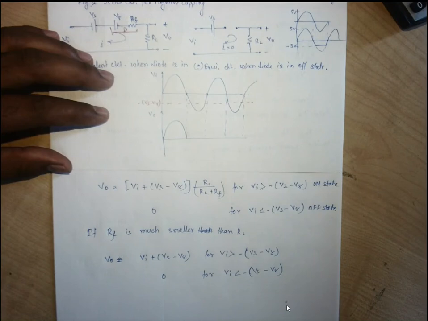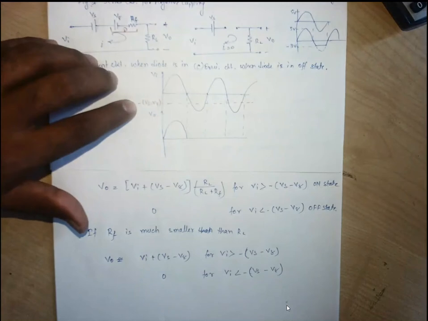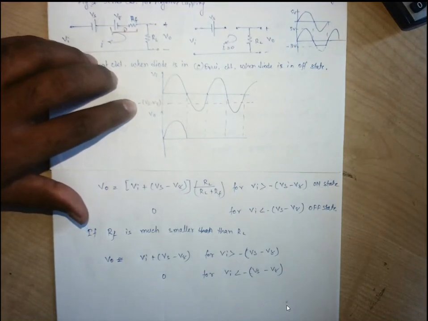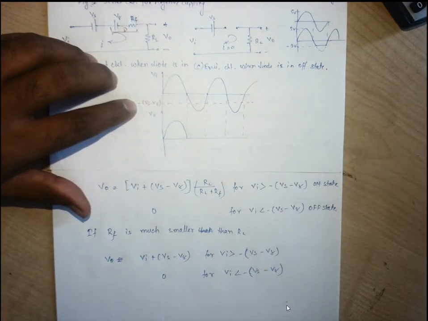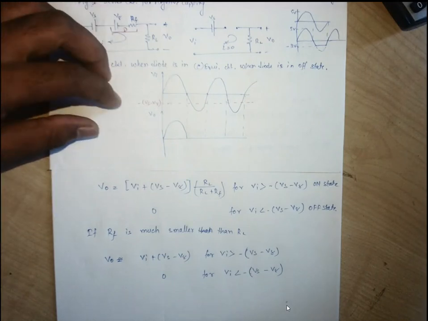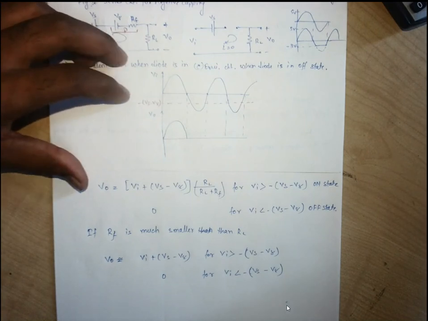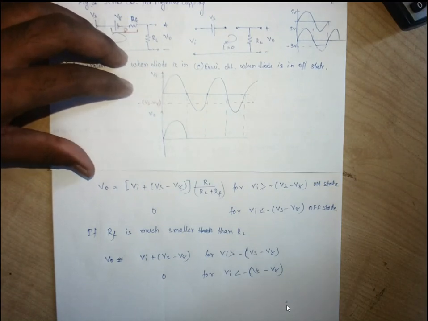Let us consider Vs minus V gamma is 2. This is the boundary. If we go just below that, more negative will make the diode on, or a little bit less negative from this level will make the diode on. That is the question. Everyone agree with that?